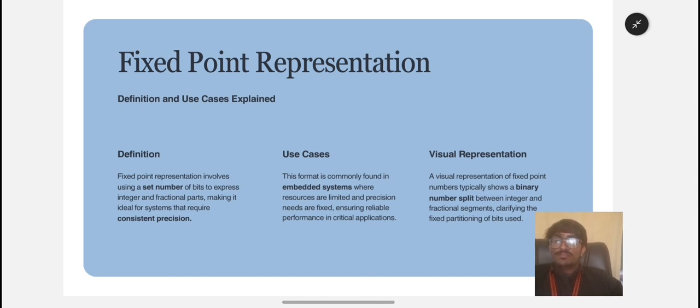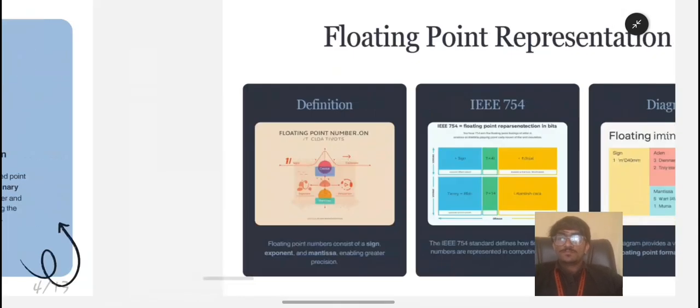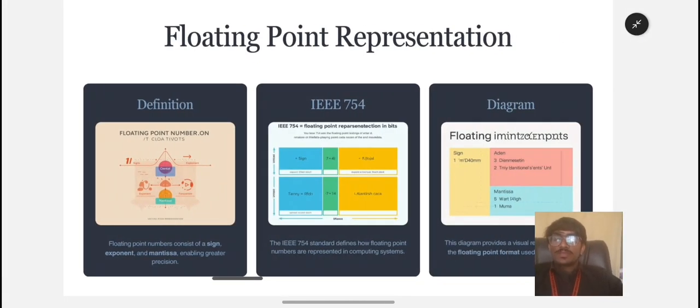The visual representation of a fixed point number typically shows a binary number split between integer and fractional segments, clarifying the fixed number of bits used. Floating point representation, as you can see, comes with a definition and circuit number diagram with clean diagrams.